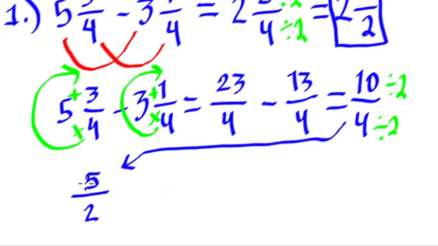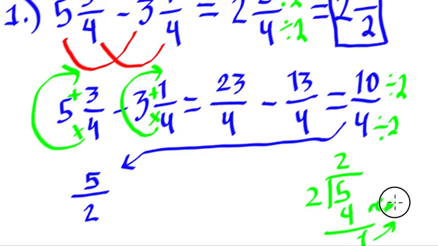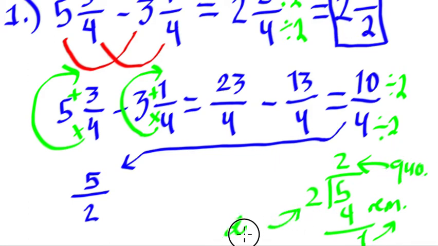So again, 5 divided by 2. Maybe we can do the solving over here. 5 divided by 2 is going to be 2. 2 times 2 is 4, and we have a 1 as the remainder. This is our remainder, this is our quotient, and this is our divisor. So what will be the answer in mixed number form?